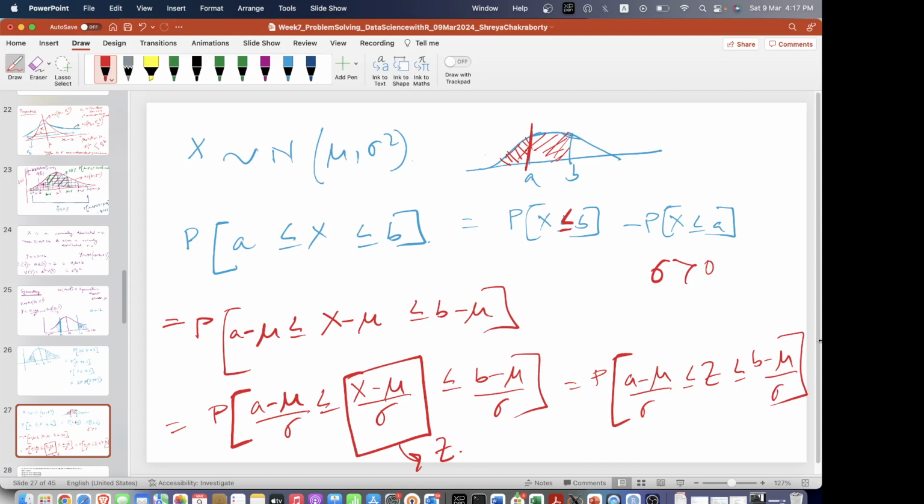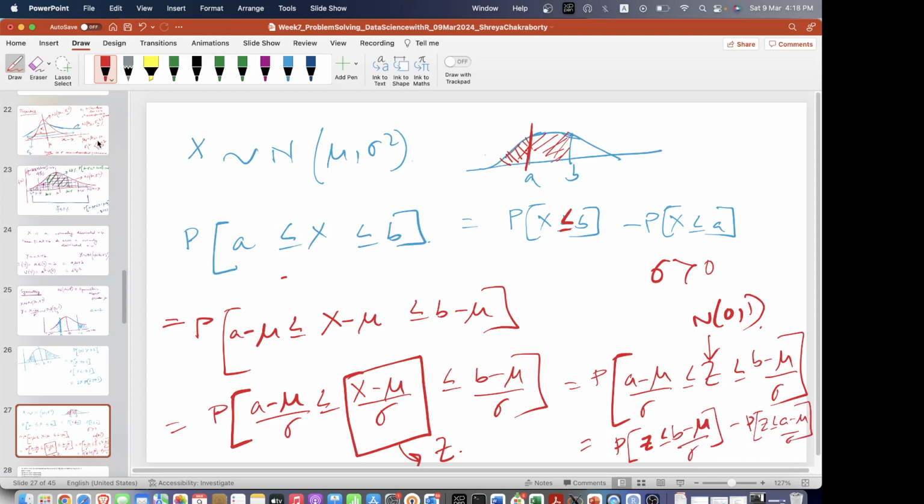So now this z corresponds to a standard normal distribution. So following this similar logic, we can write this as probability z less than equal to b minus mu by sigma minus probability z less than equal to a minus mu by sigma.